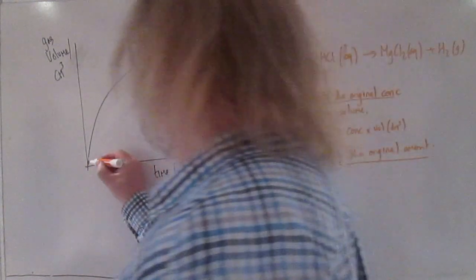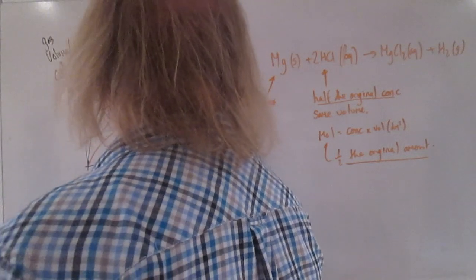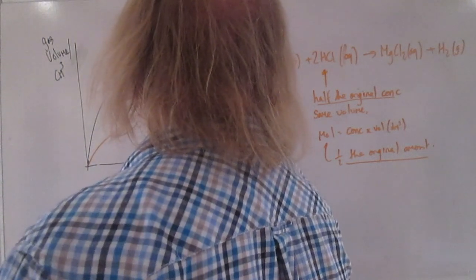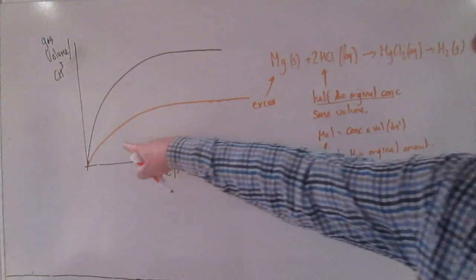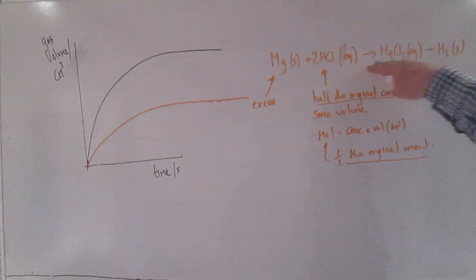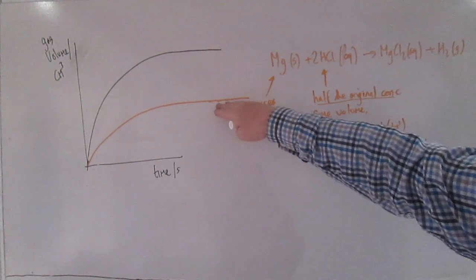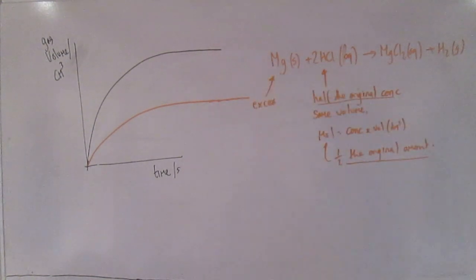So what we're going to get is something like that. Okay, so we've got a less steep curve, lower rate of reaction, because that's the effect of lower concentration, but also this time because there's going to be less product produced. That's reflected in the graph because it only produces half as much gas in the end when the reaction is all over.